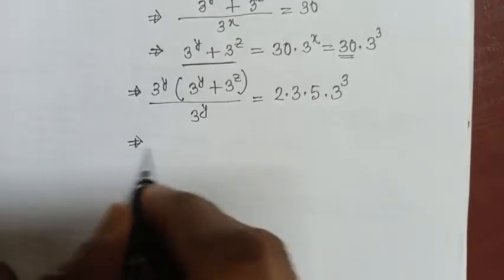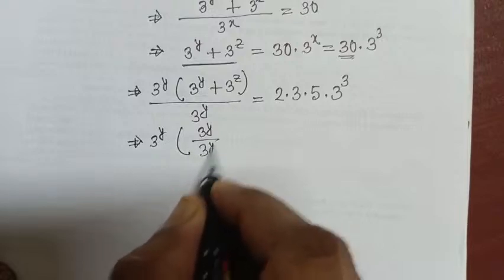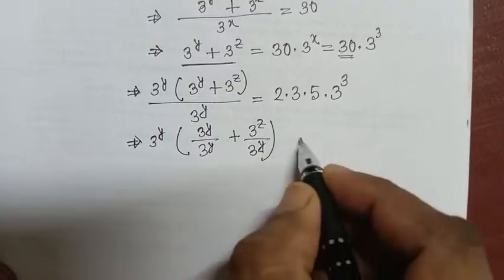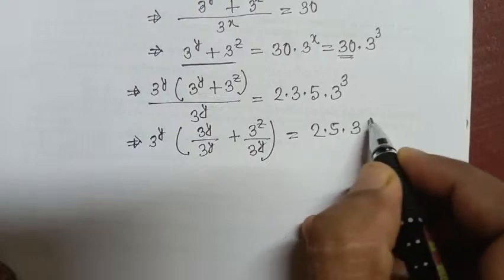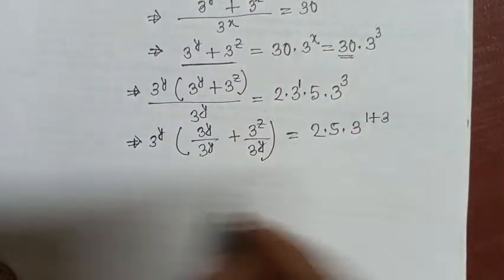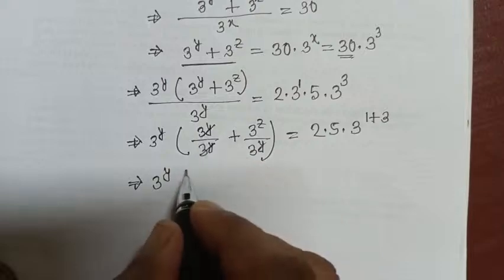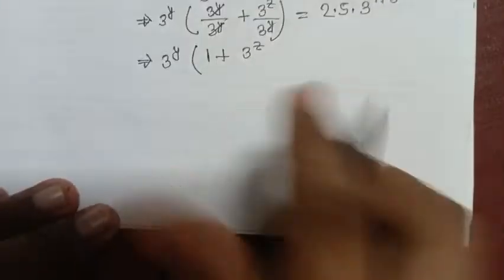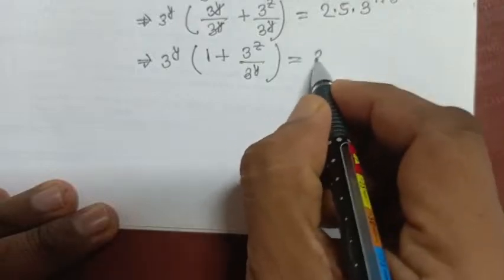So if we break this down, we get 3 to the power y by 3 to the power y plus 3 to the power z by 3 to the power y equals 2 times 5 into 3 to the power 1 plus 3. This has one power, so we get 3 to the power y, and this 3 to the power y and this 3 to the power y will be cancelled out. We get 1 plus 3 to the power z by 3 to the power y equals 3 to the power 4.